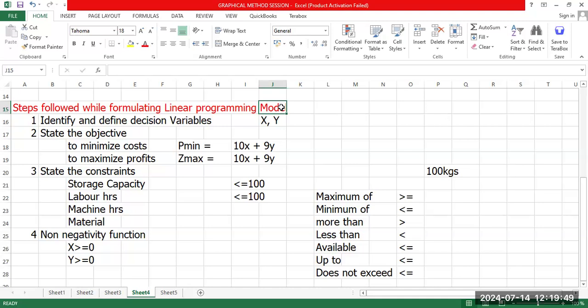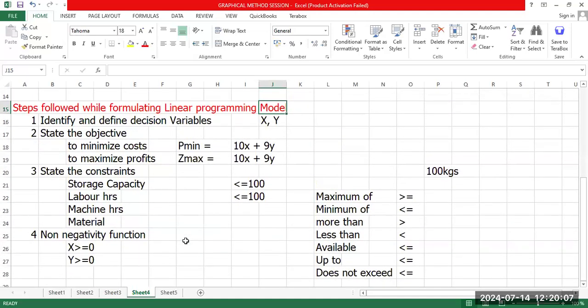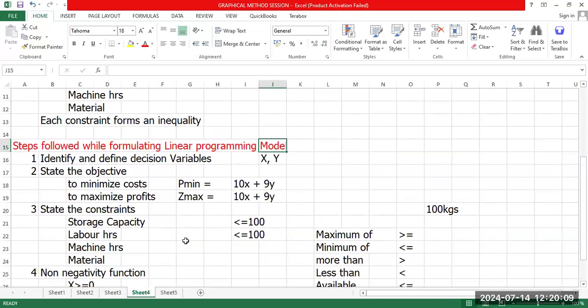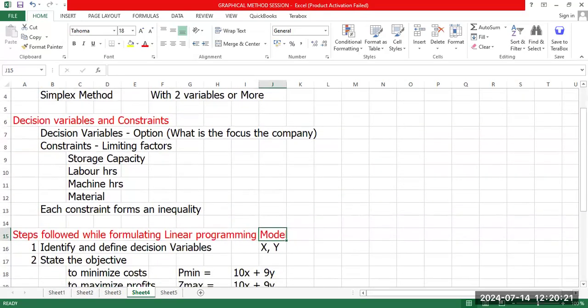And they can ask you this theoretically: you state or describe the steps you follow while formulating a linear programming model, and you find that the question is taking 8 marks. So those are the only steps that we have. So from here, we can start handling our numbers.